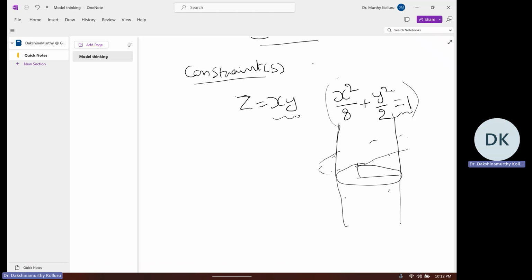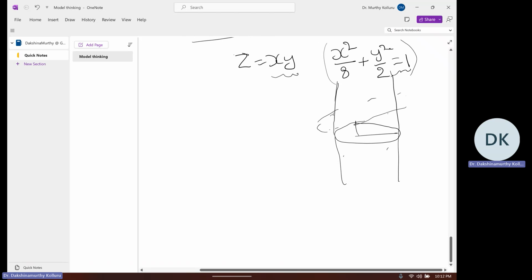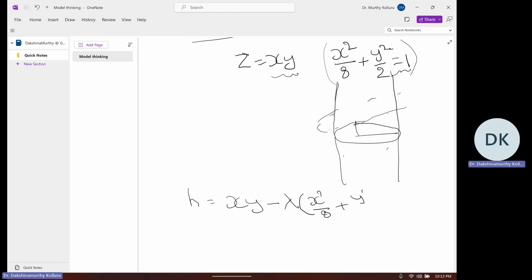We use a technique called method of Lagrange parameters to solve this. So it's actually a fairly straightforward thing where we write a new condition h is equal to z minus lambda of x square by 8 plus y square by 2 minus 1.